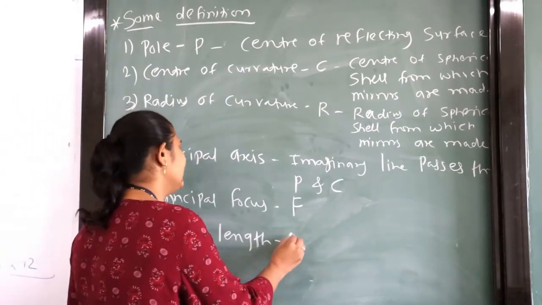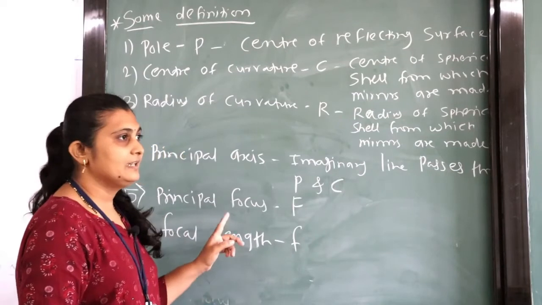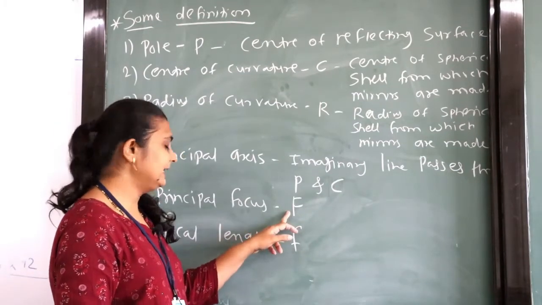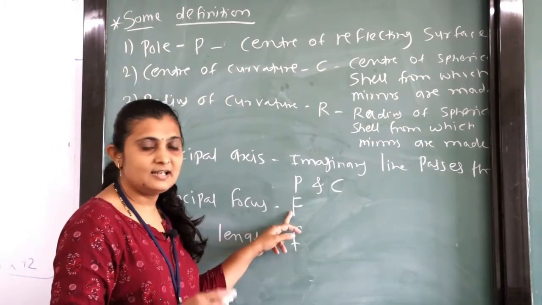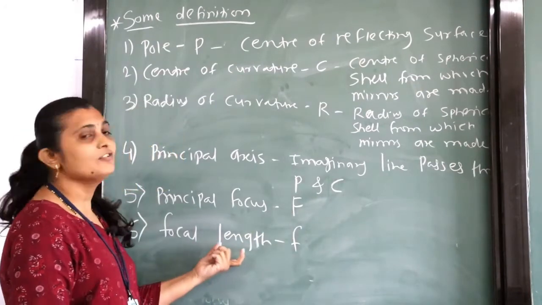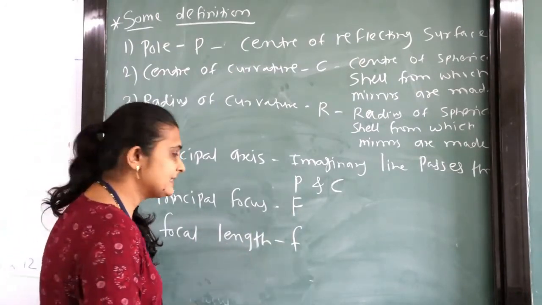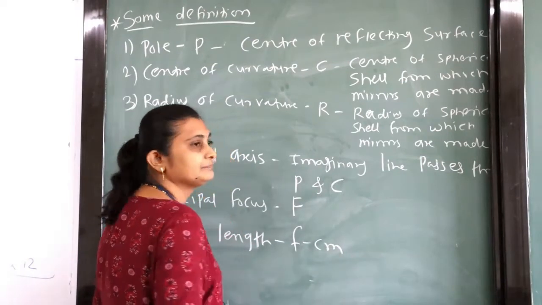Focal length is denoted by small letter f. See students, this is the capital F, principal focus, and small f is the focal length. Focal length is measured in centimeters.